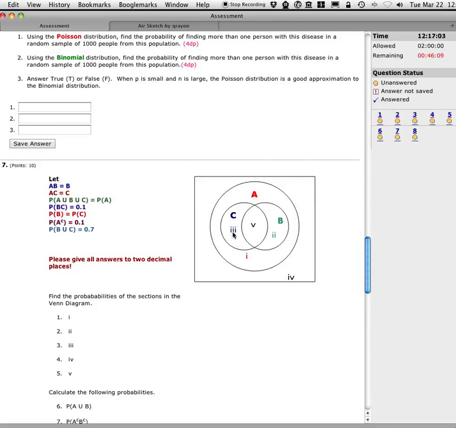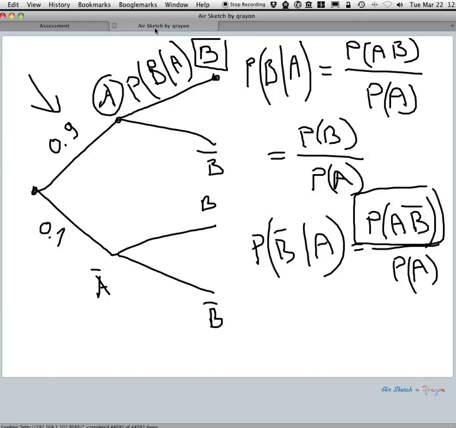There is an easier way. Let's go back here. As we are interested now in this probability, we know that this probability is just equal to 1 minus the probability of B given A. Why? Because we have a node here, A, and we have a bifurcation, so we know that the sum will be 1.